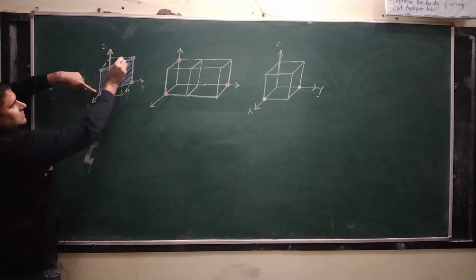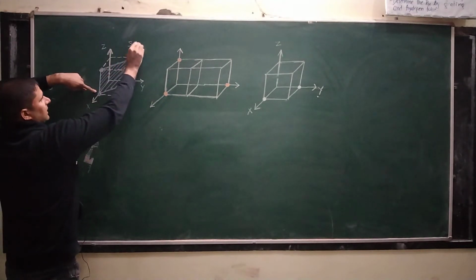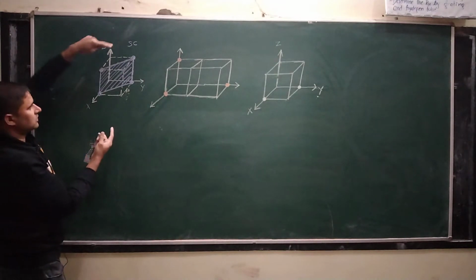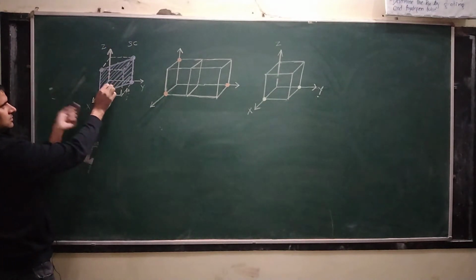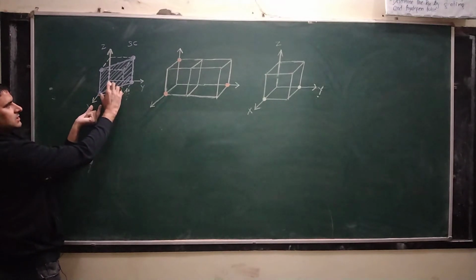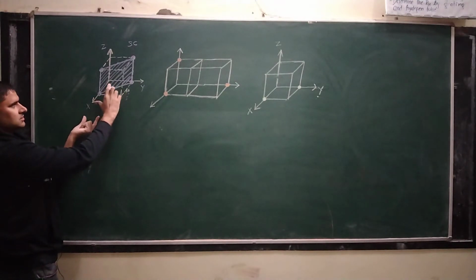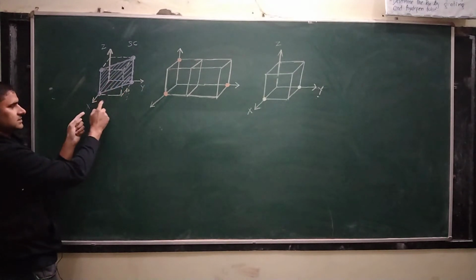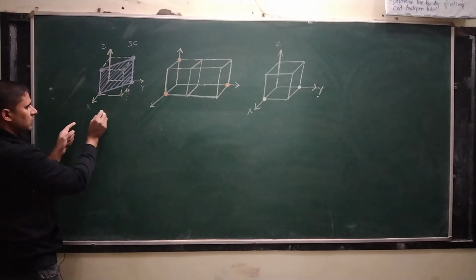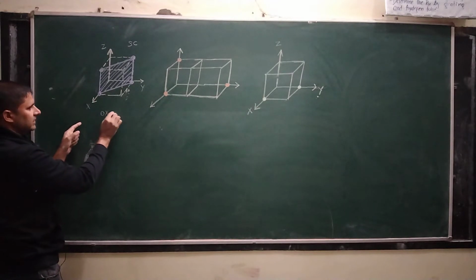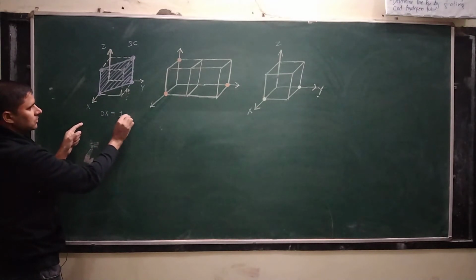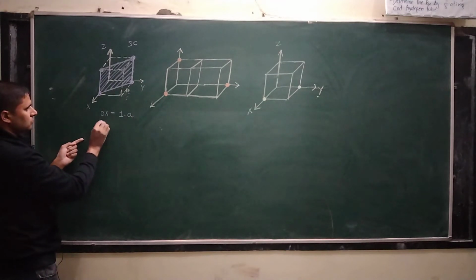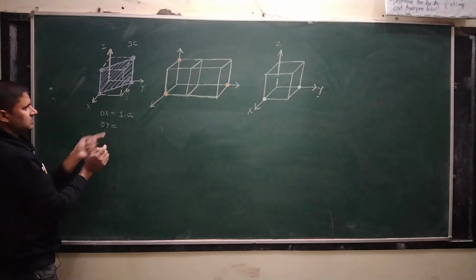And if this is a simple cubic SC and its size is A, okay class, then the primitive translation vector along x direction will be of size A. So the intercept on the x-axis is at A. So I can write OX is equal to 1 times A. Clear? Now come to another axis, that is y.